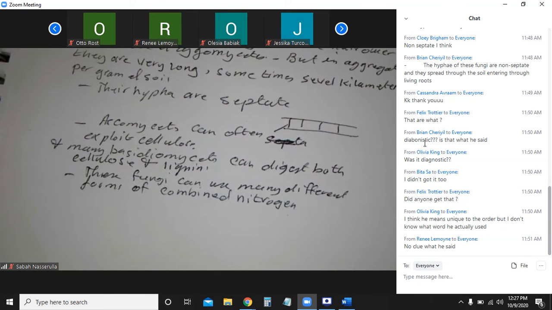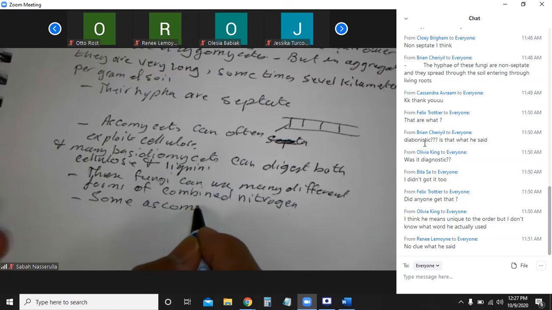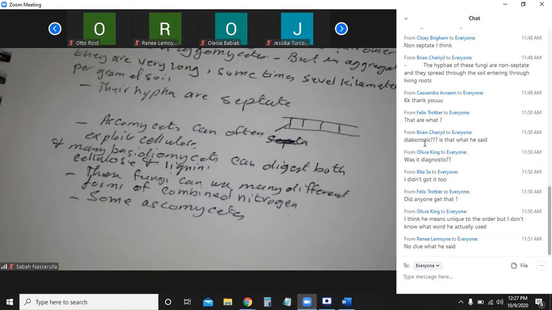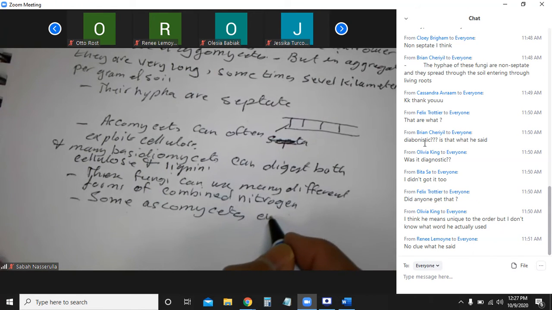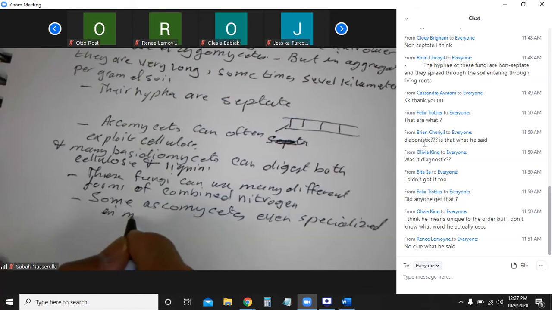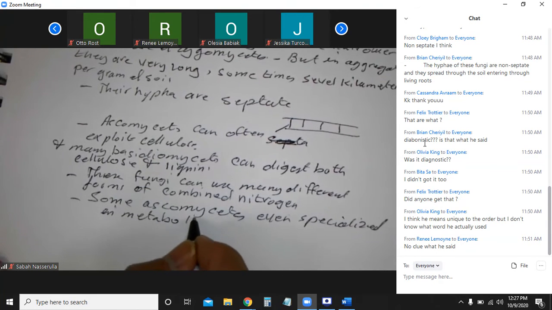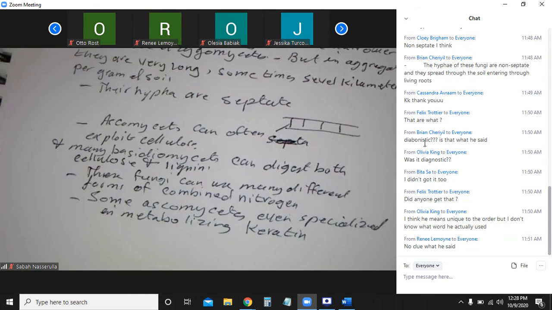Some ascomycetes are even specialized in metabolizing keratin. That means, when you say it like this, they are able to decompose it.